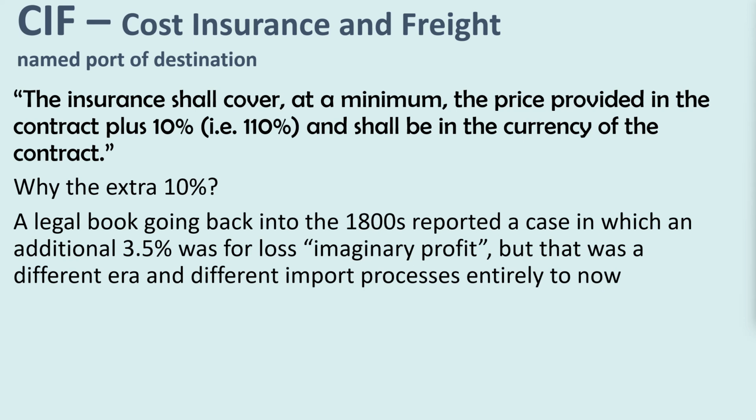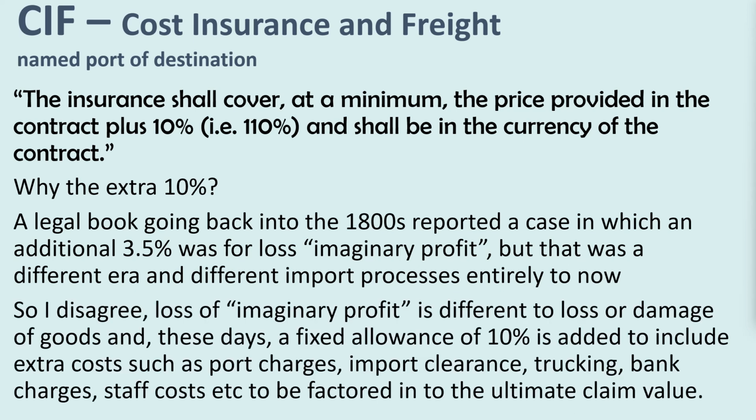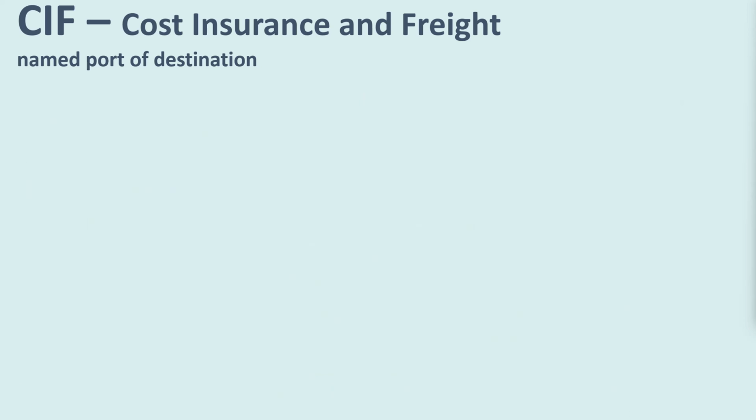But that was a different era and different import processes entirely to now. So I disagree. Loss of imaginary profit is different to loss or damage of goods, and these days a fixed allowance of 10% is added to include extra costs such as port charges, import clearance, trucking, bank charges, staff costs, etc., to be factored into the ultimate claim value.